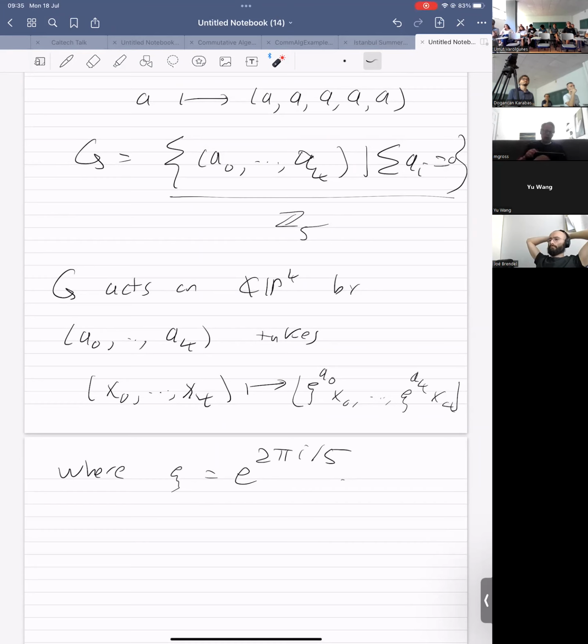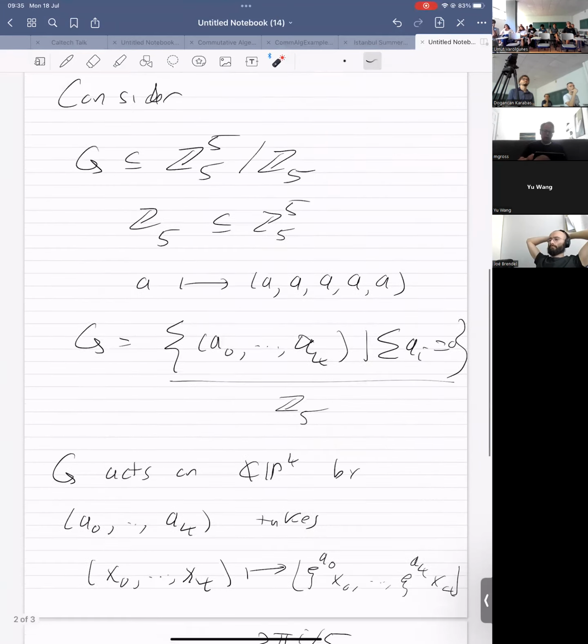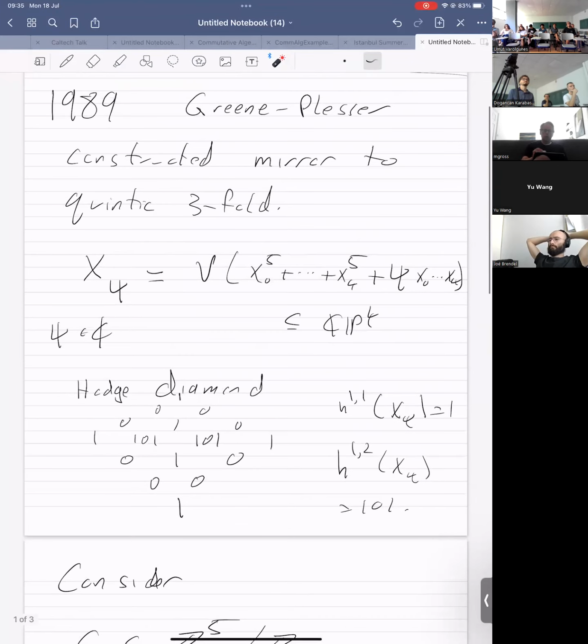Okay, and in particular, if we go back to the equation that I wrote down, you can see that if we rescale each coordinate by some fifth root of unity, the Fermat part is left invariant. The product term is left invariant by elements of G because of this condition, that the sum of the a_i should be 0.